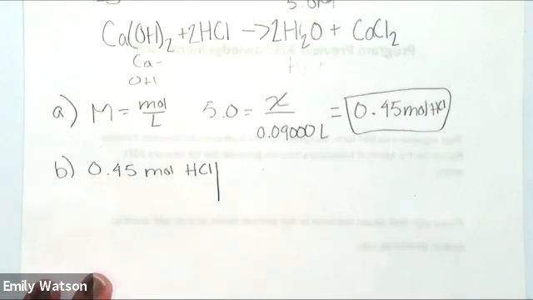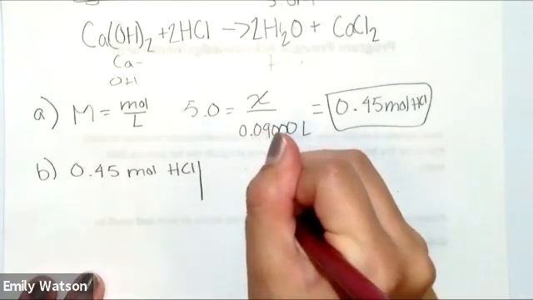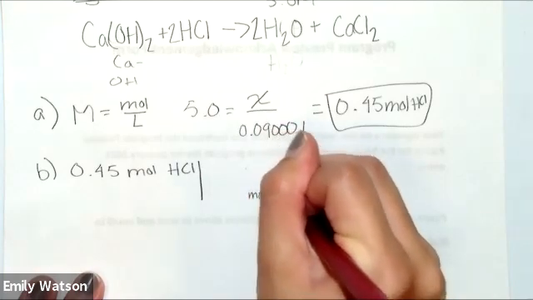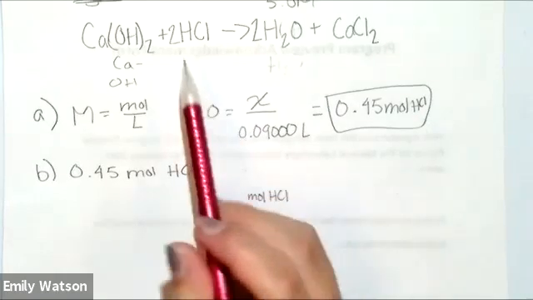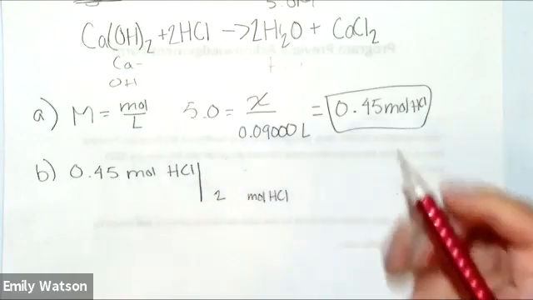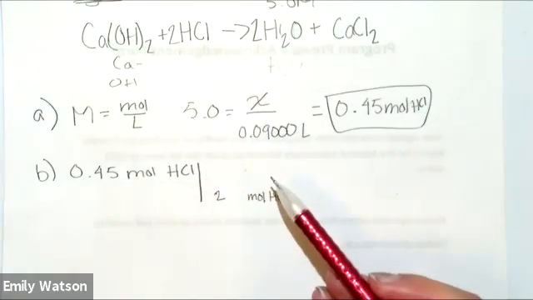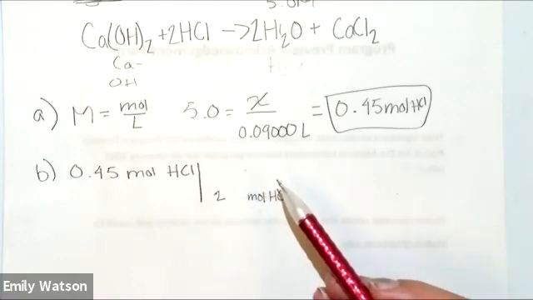What's going to go on bottom? What unit? We're going to need moles of HCl again, right? It has to be the same on the bottom as the top. Where are we going to grab these moles from? The coefficients of our balanced chemical equation. We have a 2 here, so we have 2 moles. Now we're going from bottom to top, so that means we're converting into something else. What are we going to convert to?